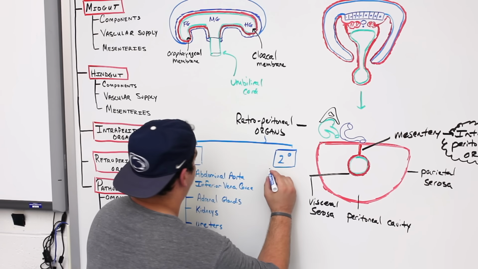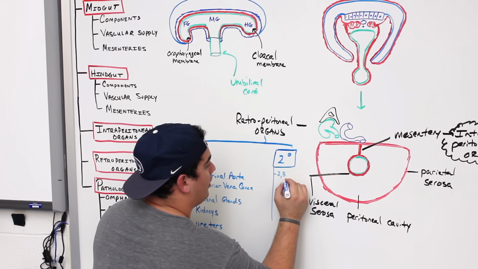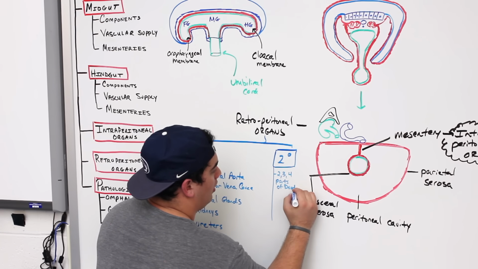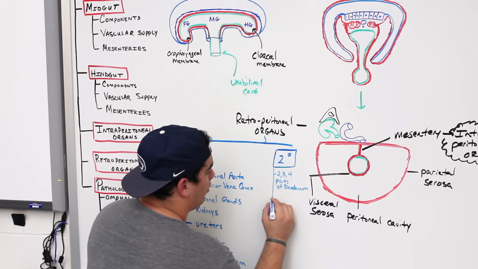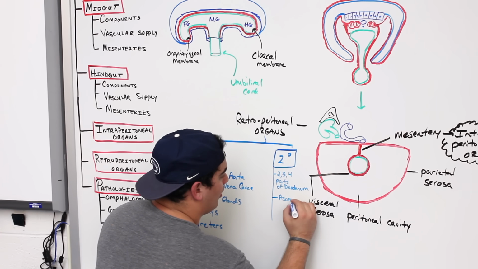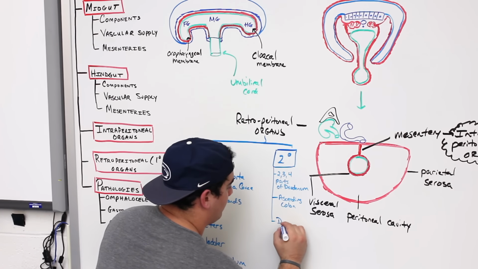For example, one is going to be the second, third, and fourth parts of the duodenum. Okay, if you keep going, we'll get to the ascending colon, like I told you guys before. The ascending colon. And then also the descending colon.